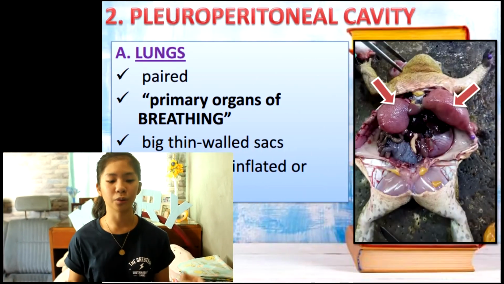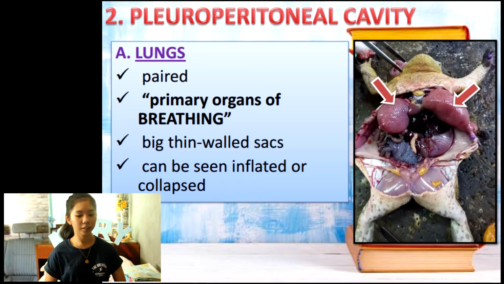A mesentery is a tissue that holds the body organs. And the viscera are the internal organs of the body located in the great cavity of the trunk proper.